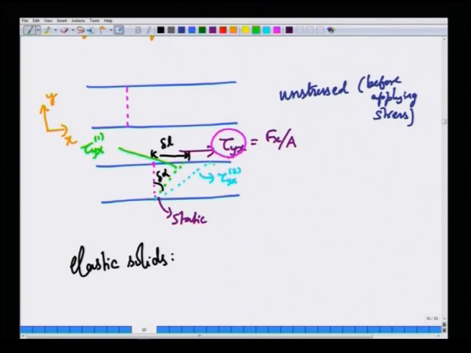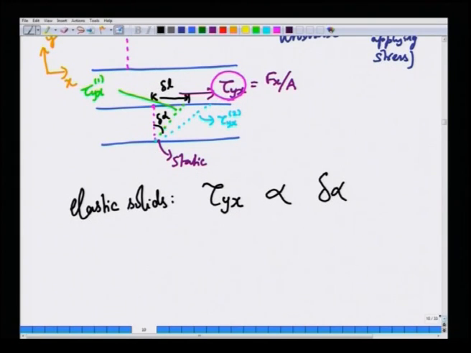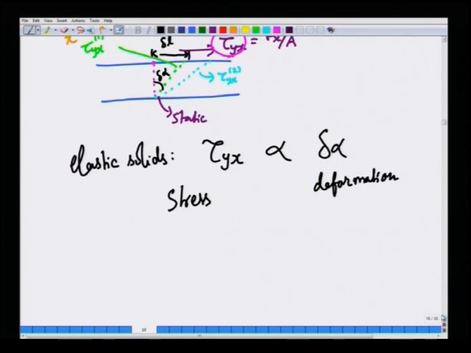Okay. If you apply more stress, then the angle alpha you will get will be more. So, for elastic solids, the shear stress that you apply is directly proportional to the amount of deformation that you get in the material. Okay. The stress is proportional to the deformation in the material.